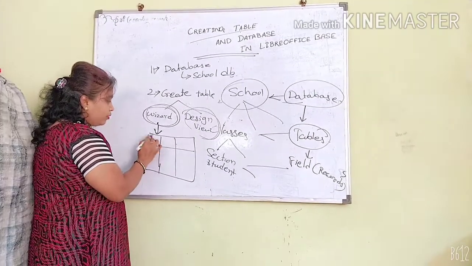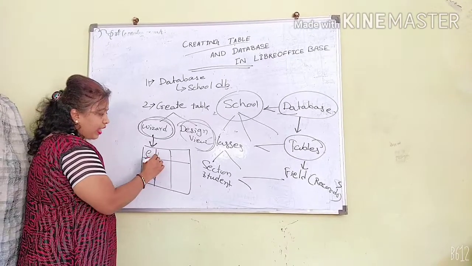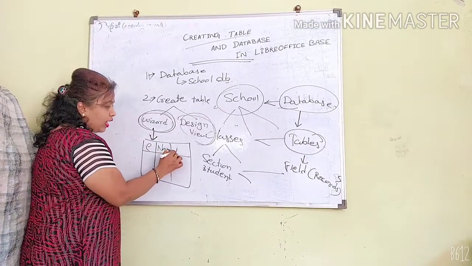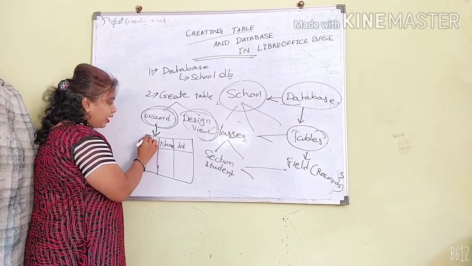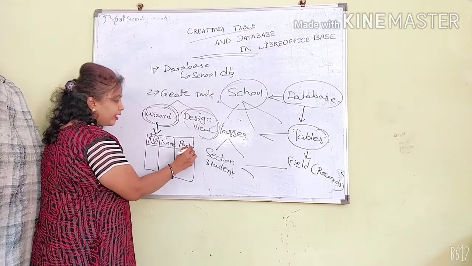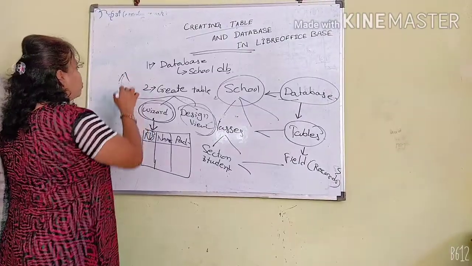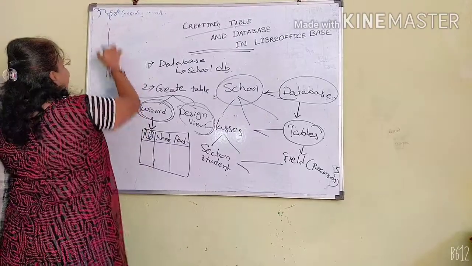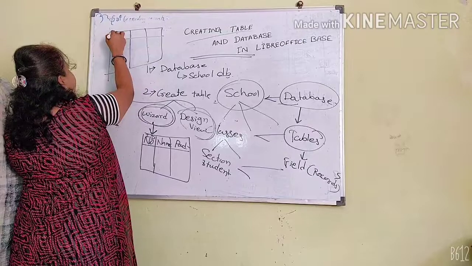Whatever you choose, you get here, like name, ID number, password, etc. Clear?